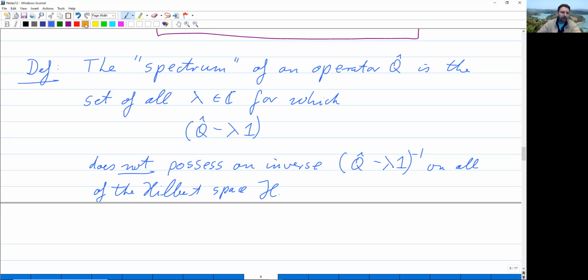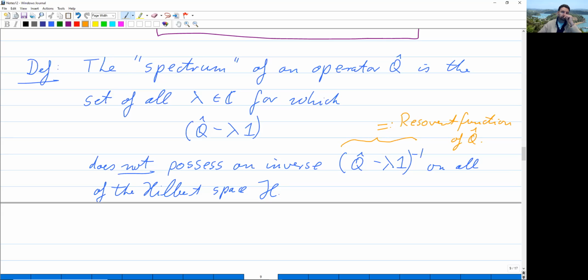What I need to add to this is that the inverse of Q hat minus lambda, if it exists, has a name. It is called the resolvent function of Q hat. Just a name, we won't really need it much in this course at all.